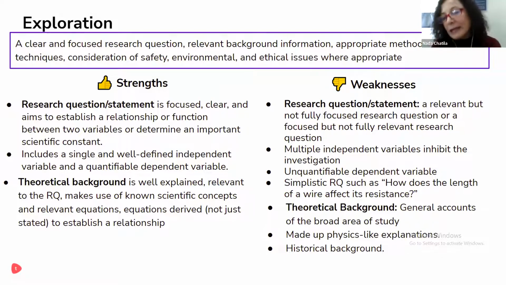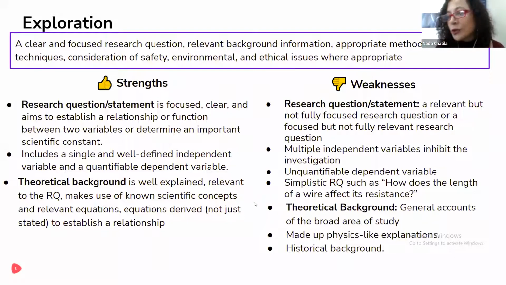True, they mainly affect the communication part. However, if a big chunk of the theoretical background is historical background, and very little theory, then this will impact the second criterion, the theoretical background criterion.